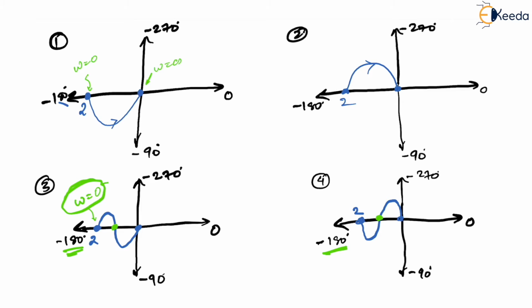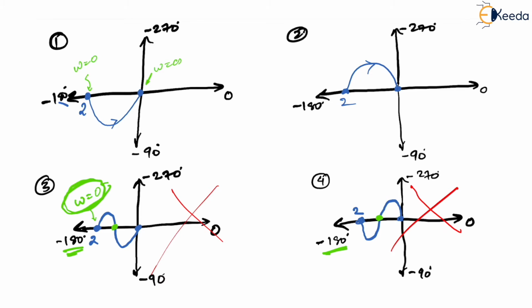So this particular frequency has already been taken care of, but there is no other frequency for which the polar plot intersects the minus 180 degrees axis, which means 3 and 4 are not valid. Both 3 and 4 are discarded.